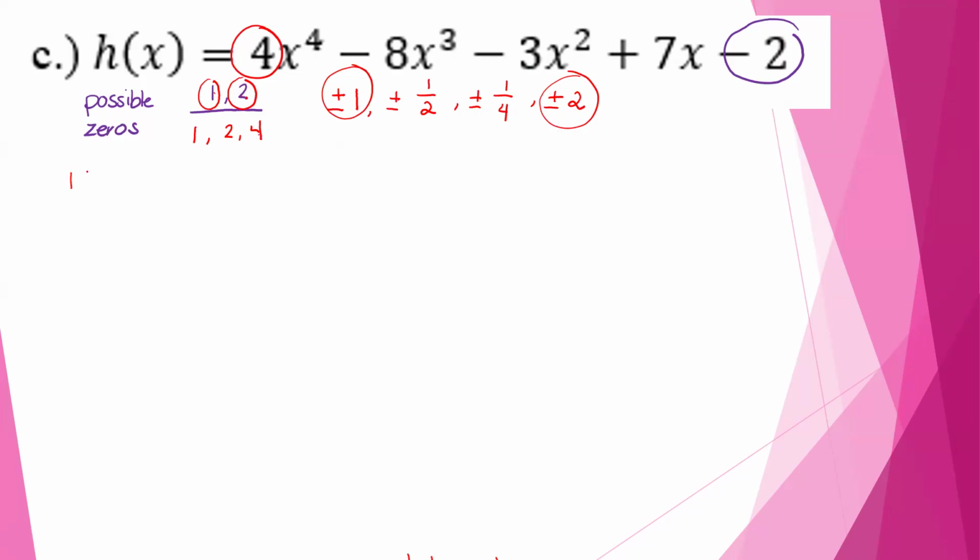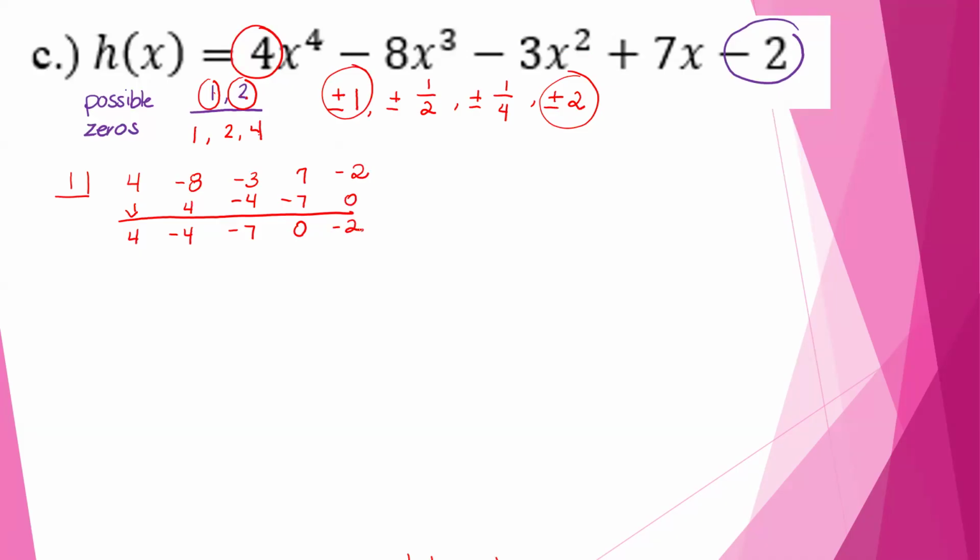So let's try 1. What do we have here? 4, -8, -3, 7, and -2. Does this work? 4, 4, -4, -4, -7, -7, 0, 0. Does that work?